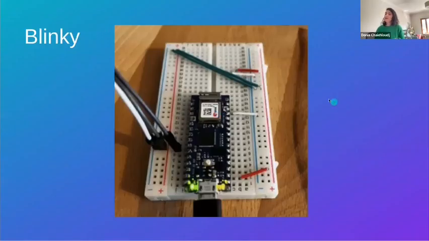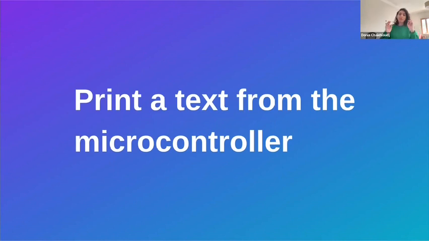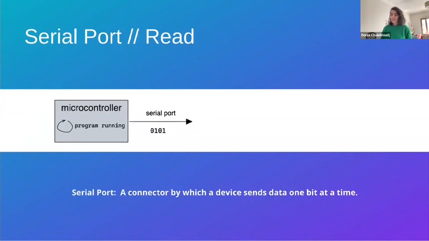So let's see another example that is a little bit more complicated. It's called serial port. Basically what we're going to do is print a text from the microcontroller to our computer. We have code running on our microcontroller, printing the text, and we will plug it into our computer, and it will send data one bit at a time, because this is a serial port, to the computer.